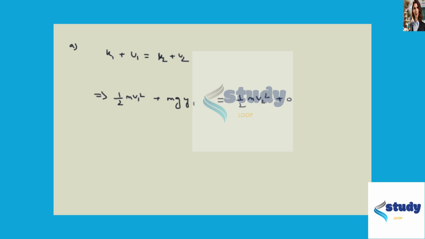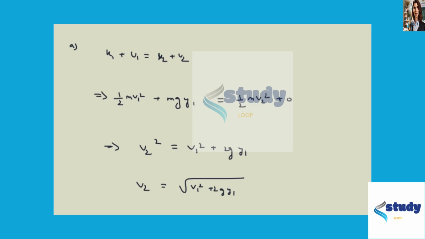So finally, you can write the expression for v2 square as v2 square is equal to v1 square plus 2g y1, because on further simplification you can finally write the value of v2 as under root v1 square plus 2g y1.